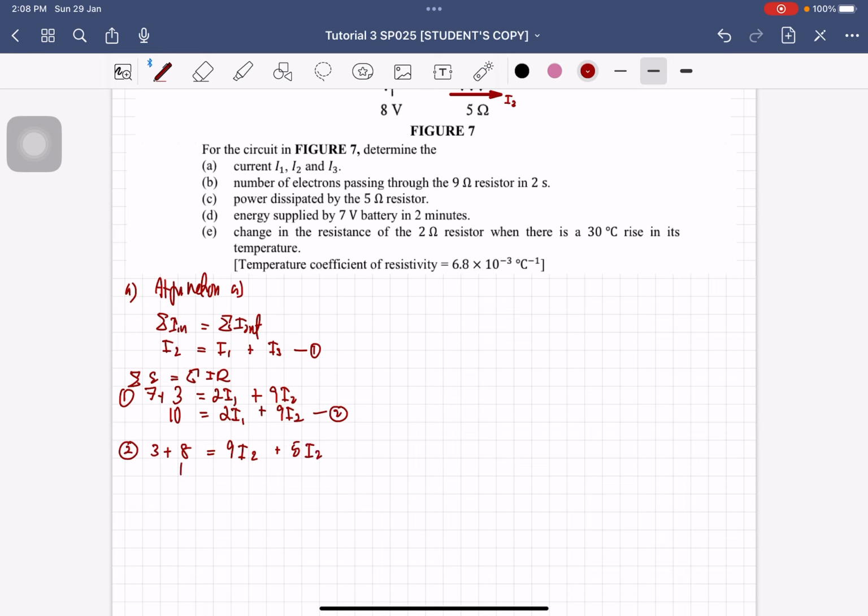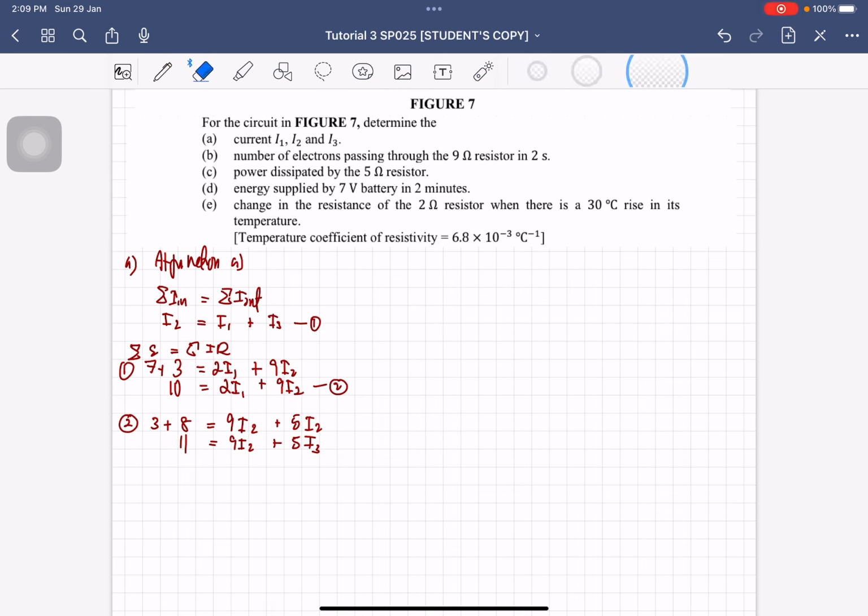So this is 11 equal to 9 I2 plus 5 I3, sorry, this is I3.